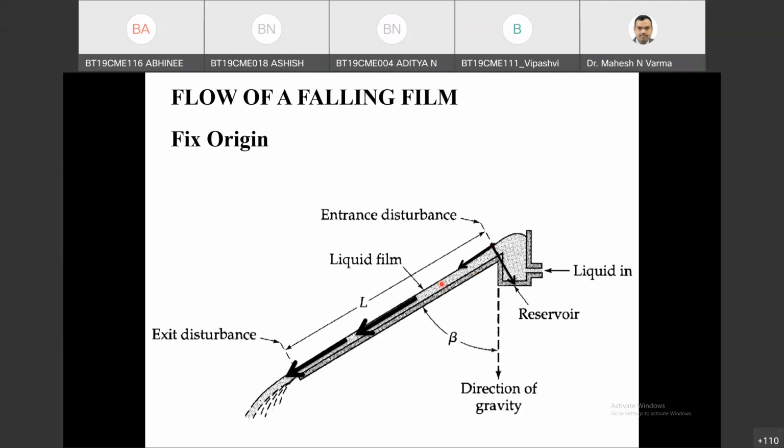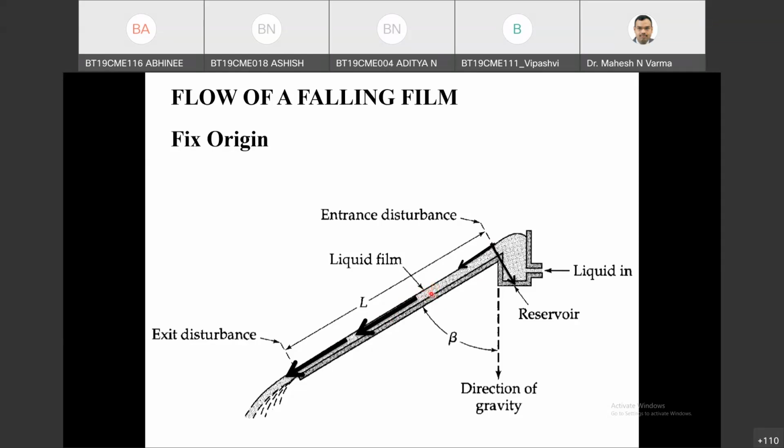You can see my slide, so just concentrate on my pointer. This point to this point is one direction, then this point to this point is another direction, and the third direction is perpendicular to this plane. This is my film.